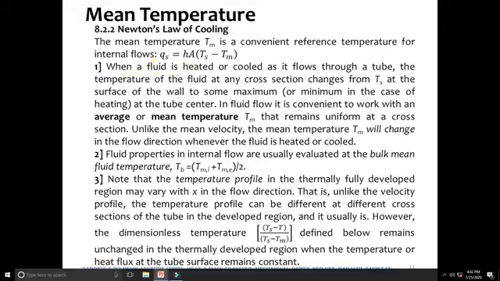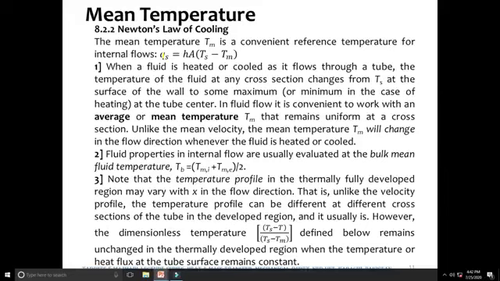In the case of internal flow, we will not be writing Q as hA times Ts minus T infinity, because when the fluid enters a pipe, it would not be at T infinity, rather it would be at different temperatures.